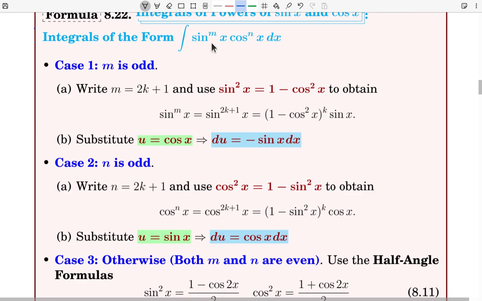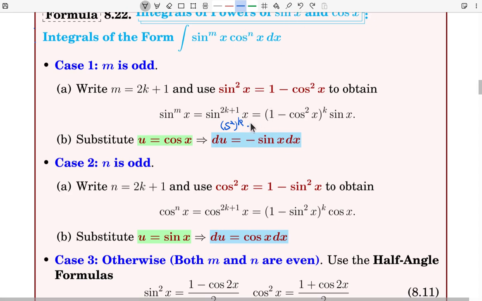The power of sine is odd. Then m can be written as 2k plus 1 with k an integer. Then sine to the m is the same as sine to the 2k plus 1, so it can be written as sine squared to the kth power times sine.